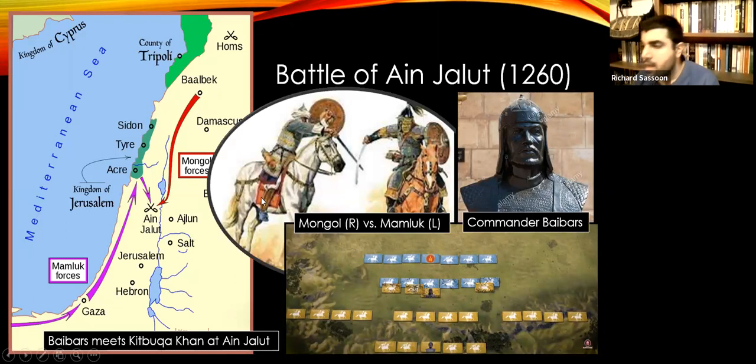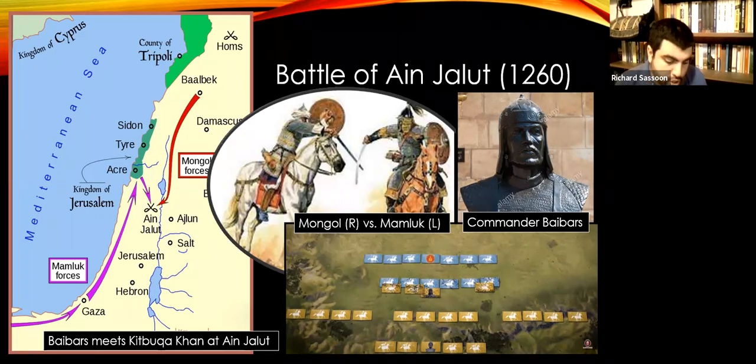Now, one of the difficulties was that in 1260, Hülegü Khan found out that Münke had just died in late 1259. And so he withdrew a significant portion of his forces from the Middle East and went to attend the Kurultai, which is a council where the Mongols choose who the next great Khan will be.